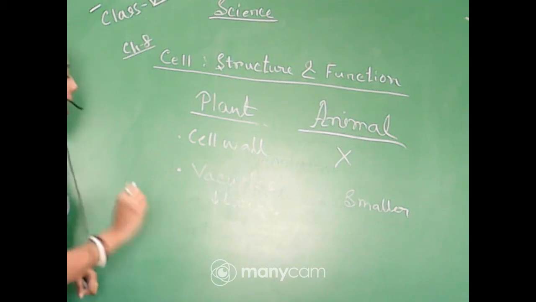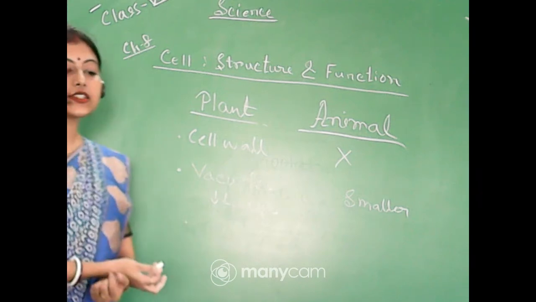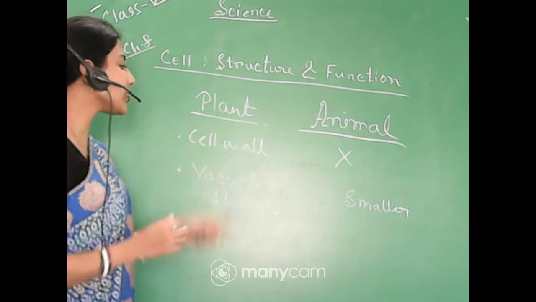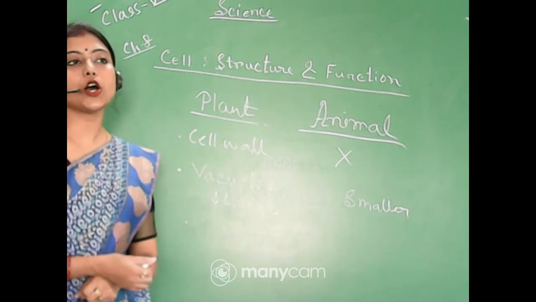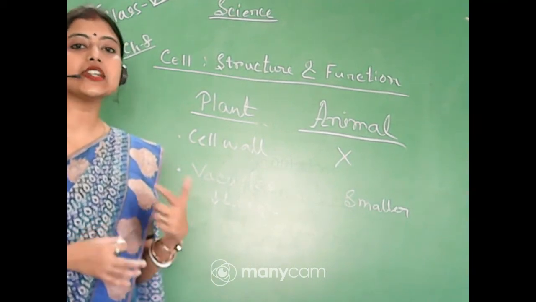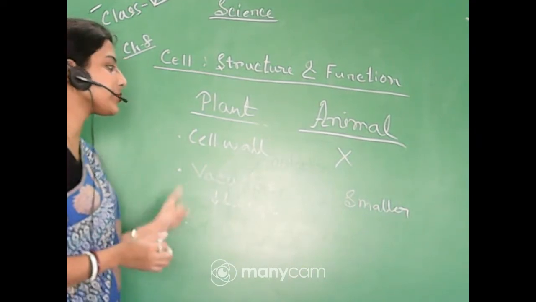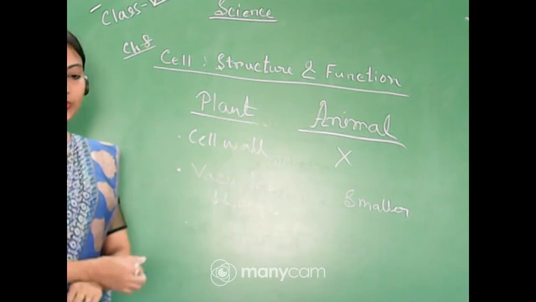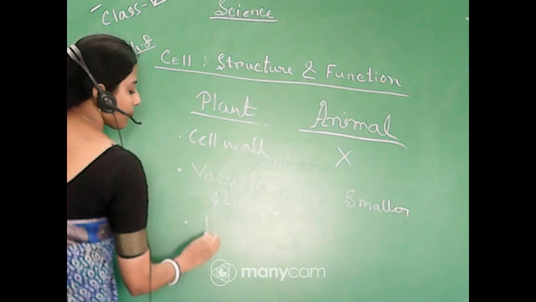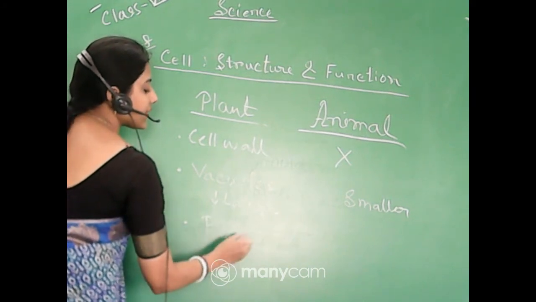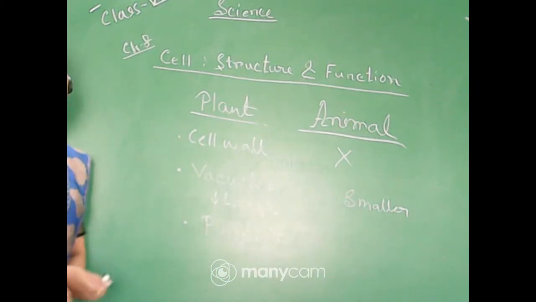Okay, the last difference in the plant cell is the presence of the plastid. The plastid is a unique cellular component which is present only in plants, but totally absent in animals. Plastids also include the chloroplasts.